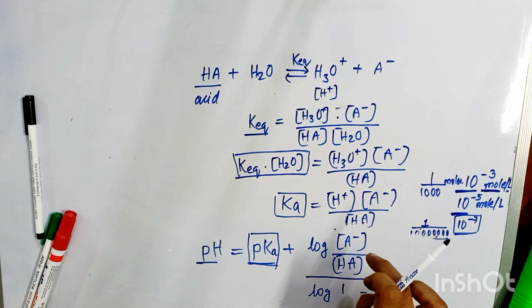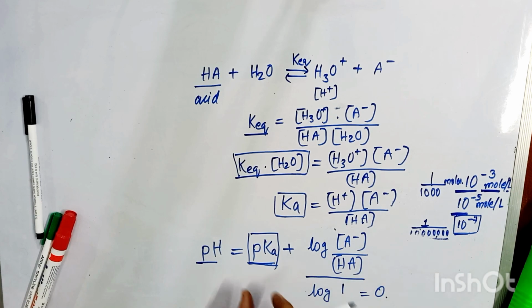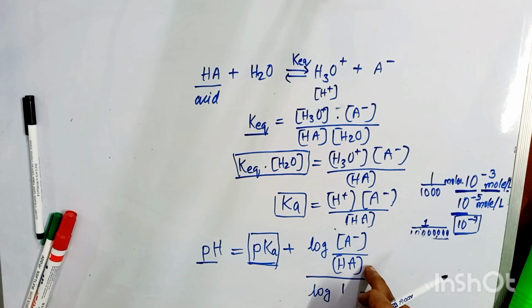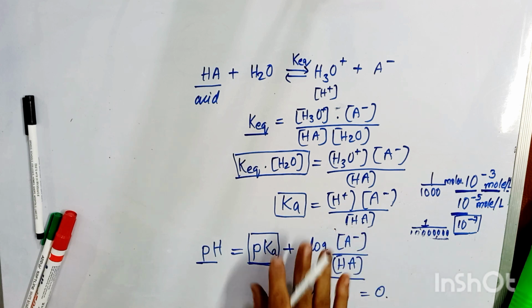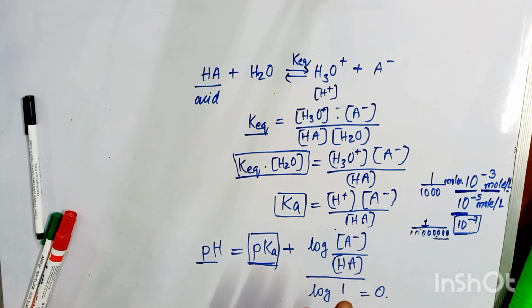So the dissociated part and the undissociated part go equal. What is pKa? When the dissociated form and the undissociated form get equal, the value gets 0. So you don't need to worry about that. It is the condition. pK is that pH.